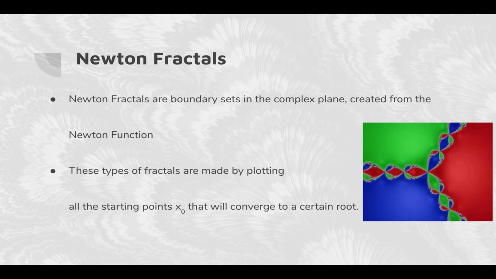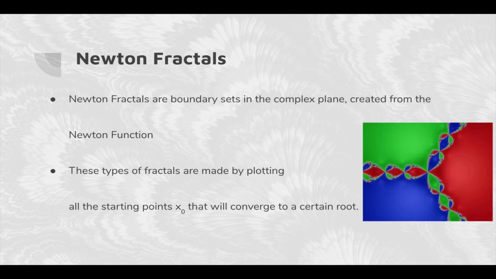These are fractals created by iterating the Newton function and graphing the basins of convergence in the complex plane. So essentially what you do is for every point in the complex plane, you iterate the Newton function for some function starting at that point in the complex plane, and whichever root it converges to, you color all those the same color.